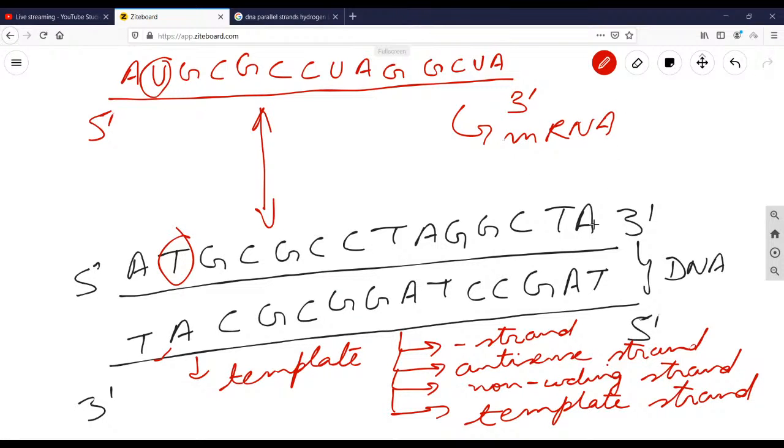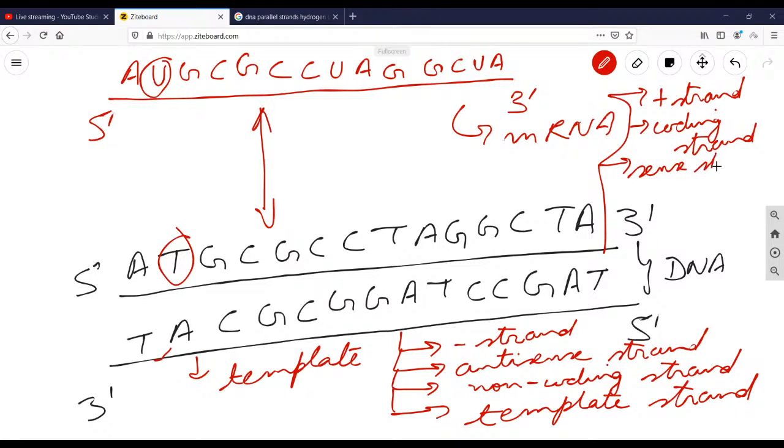Whereas this one has been called the plus strand, then coding strand, then sense strand, then non-template strand.